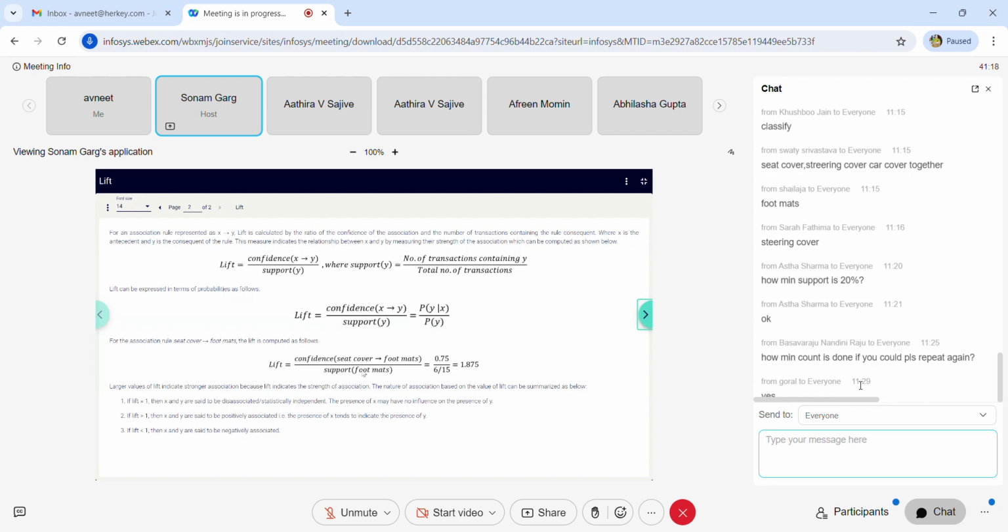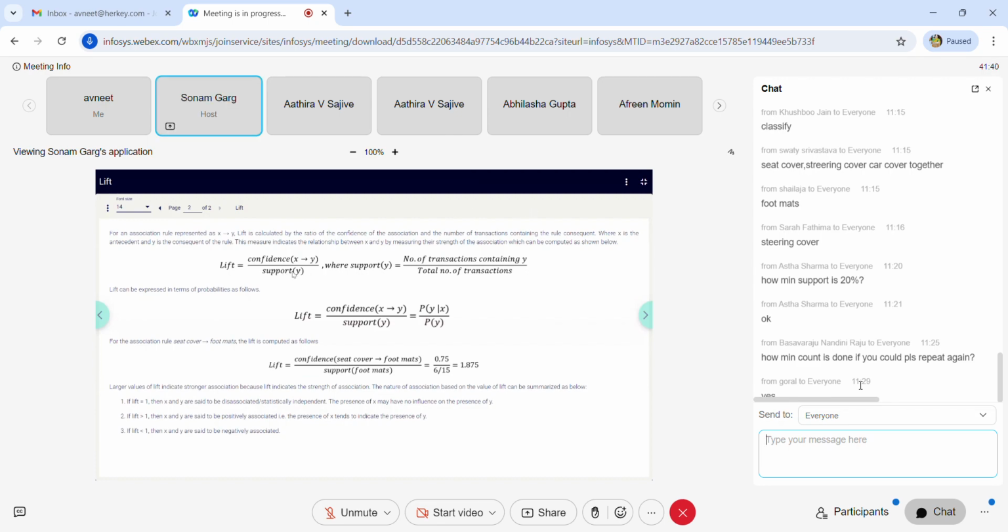You can see here for seat cover and foot mats, the lift is coming to be 1.875. All right, so this is just a combination of confidence and support.